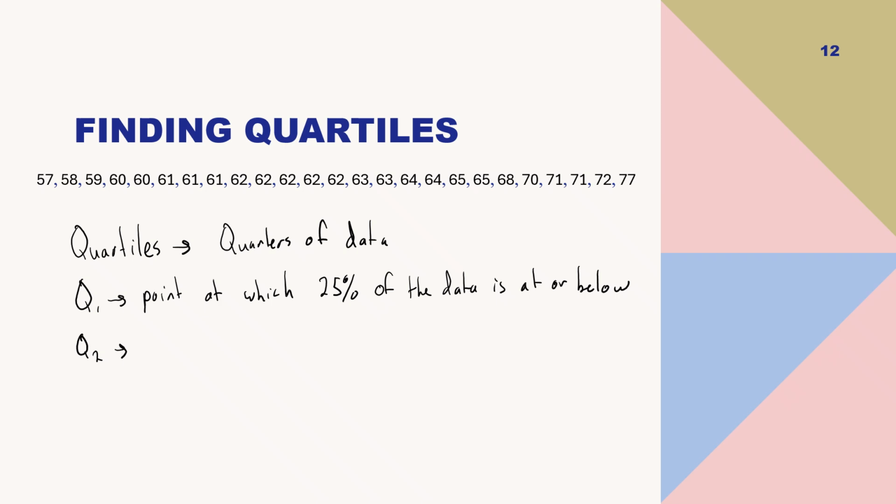Q2 is the median, or where 50% of the data is at or below. And Q3 is 75%, is at or below this point.